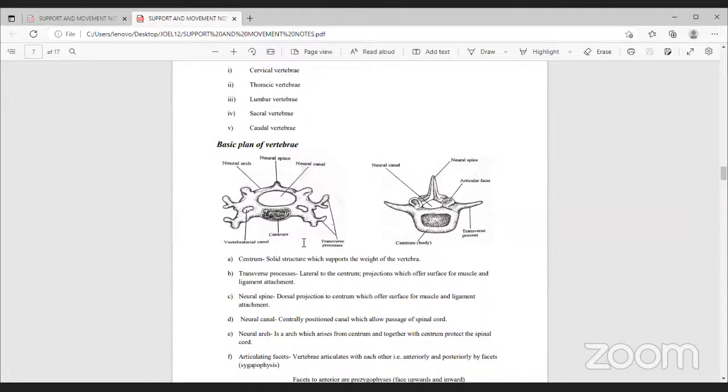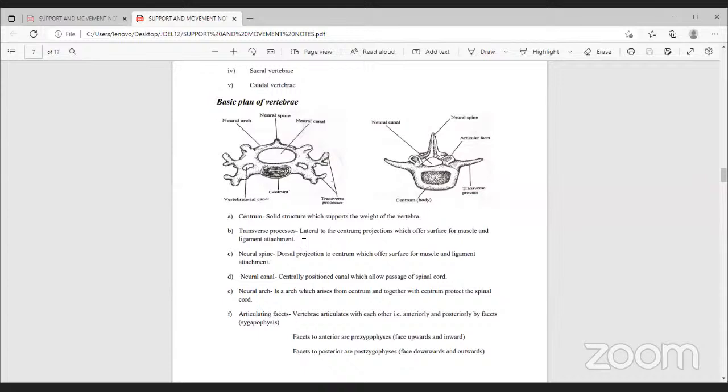So under where you're taking notes, write: the basic plan of the vertebrae.